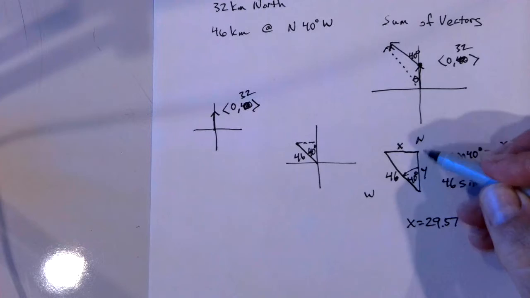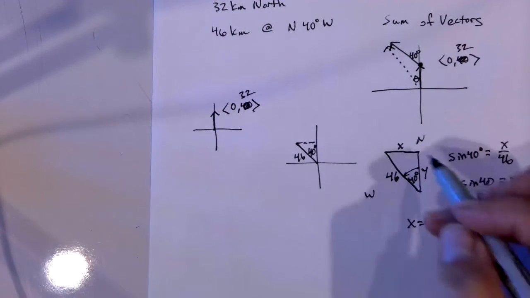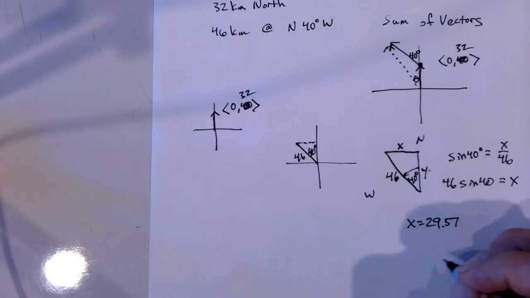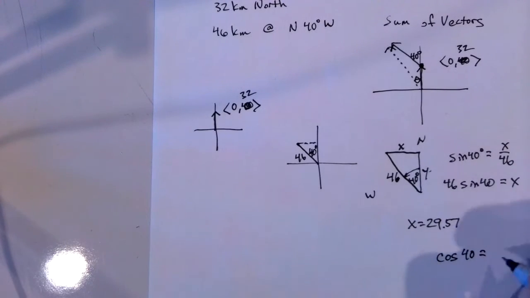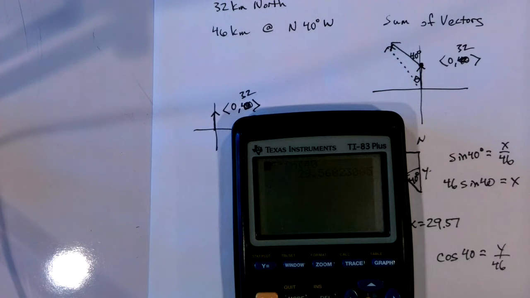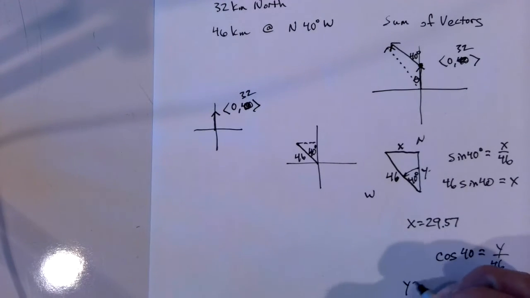And then if you look for this component right here, you can see that you're looking for the adjacent and the hypotenuse. Adjacent hypotenuse, that's going to be cosine. So cosine of 40 is equal to, again, adjacent, which is y, divided by 46. Multiply both sides by 46, we get 46 cosine of 40. And you get 35.24. So y is 35.24.